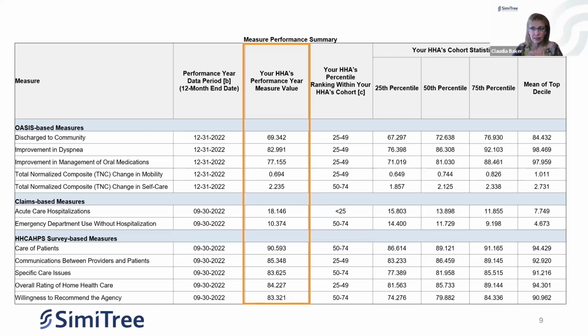So if I were looking at these as a leader in the agency, I would focus in these areas on that communication between providers and patients, and I would focus more on that overall rating. What is it maybe that's keeping these patients' perception of our agency as being negative a bit, or are they just not happy?